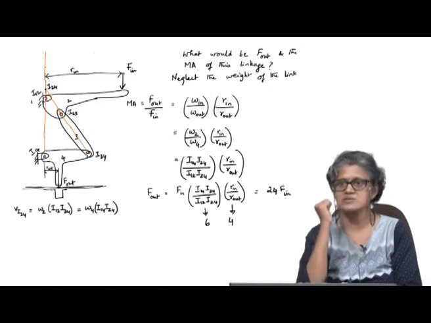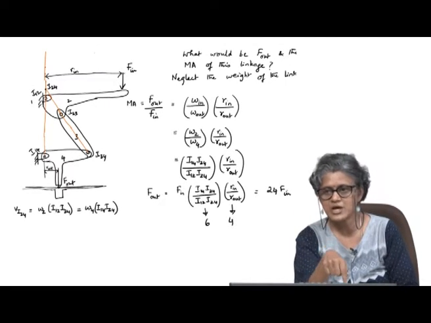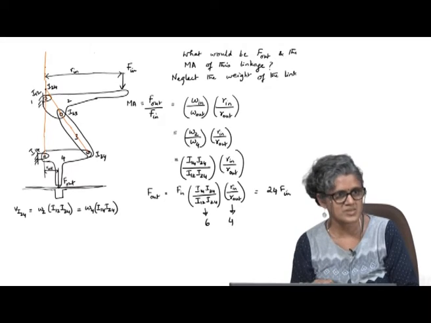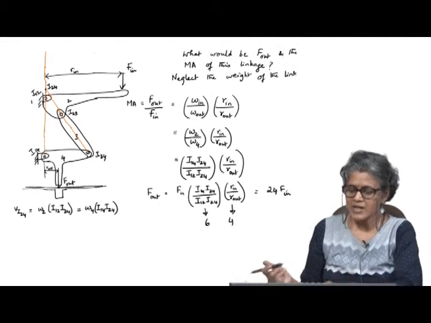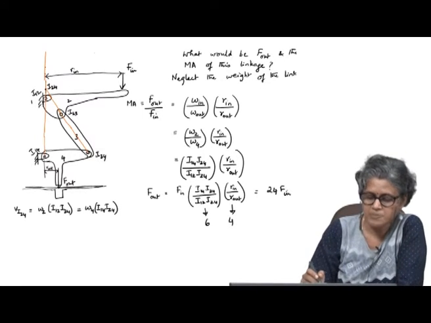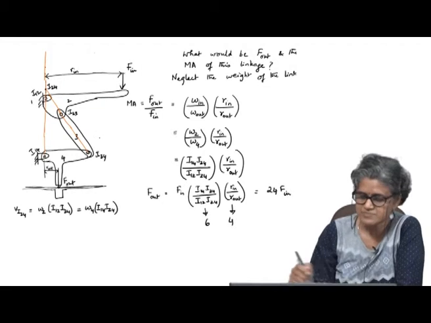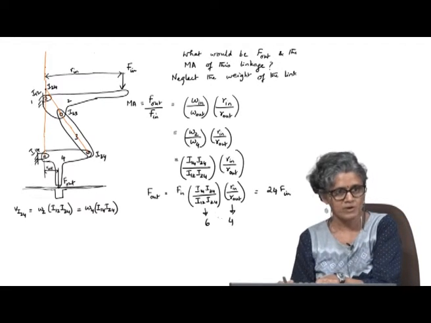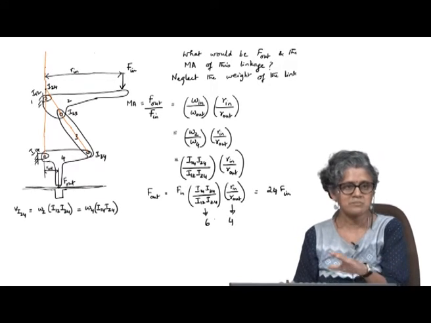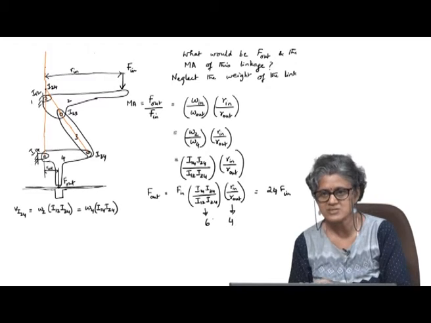If you were trying to do it without the linkage, you wouldn't get this kind of magnification. And if I wanted a greater mechanical advantage, I have control over it, because this is all based on geometry. All of these are parameters I can play with.